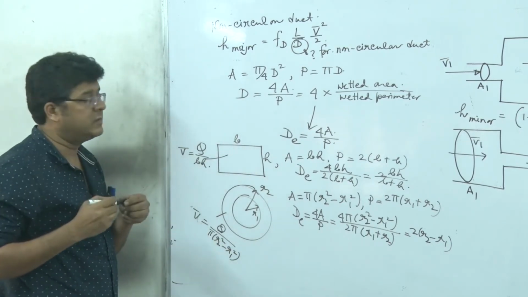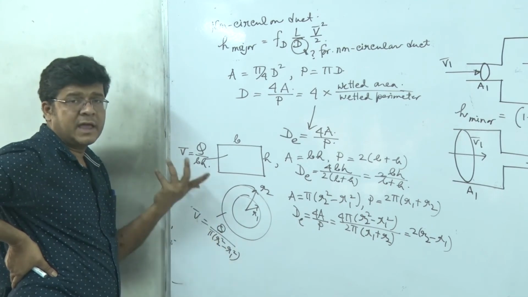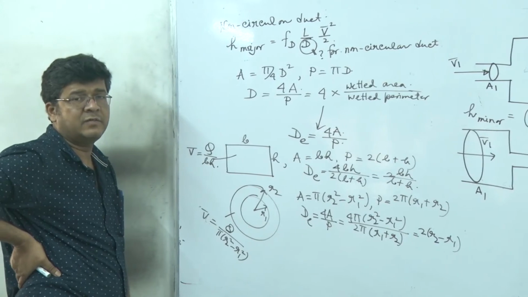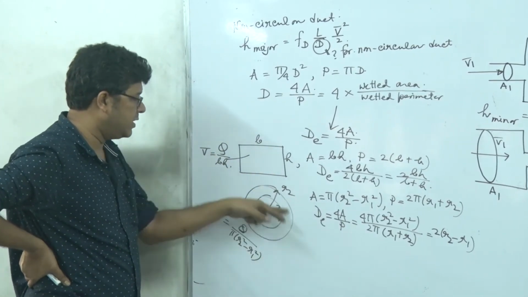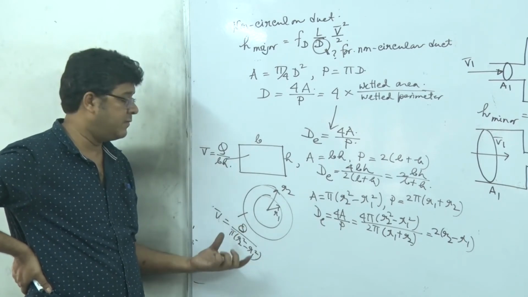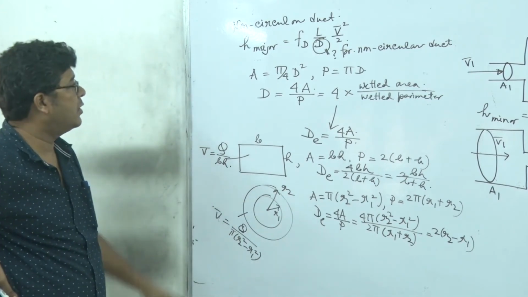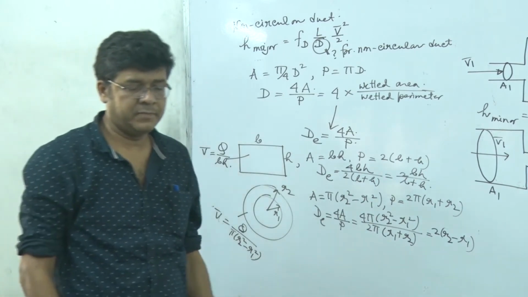We may be confused that, okay, I have solved for the equivalent diameter, so I can calculate the average velocity as Q divided by pi by 4 D square. No, it is wrong. You have to determine the actual area of the flow, divide the volume flow rate by this area, and get the average velocity to be used in this head loss formula. Okay?